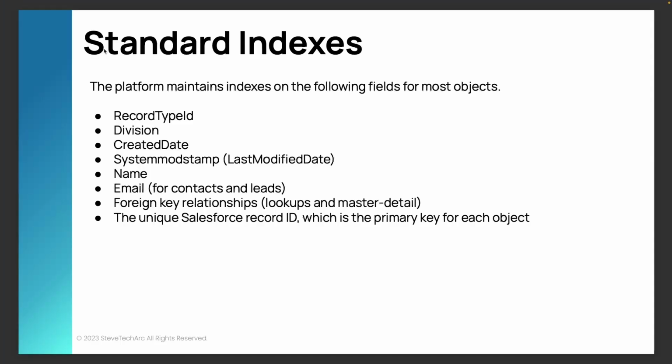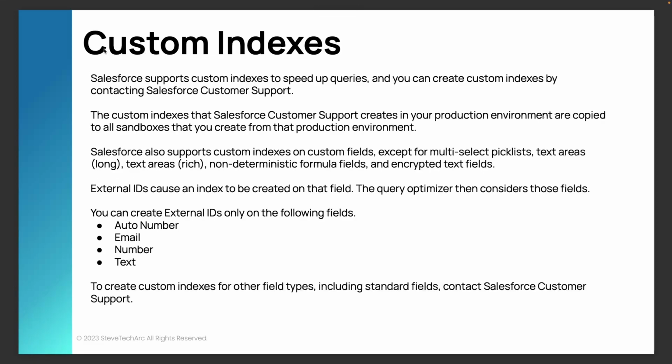In our previous video, I talked about standard indexes that exist on certain fields on custom objects and some standard objects. There can be custom indexes you can have created. If you open a ticket with Salesforce support, it can only be done on certain fields, or you can create what's called an external ID on a field of a certain kind, and it will create an index.